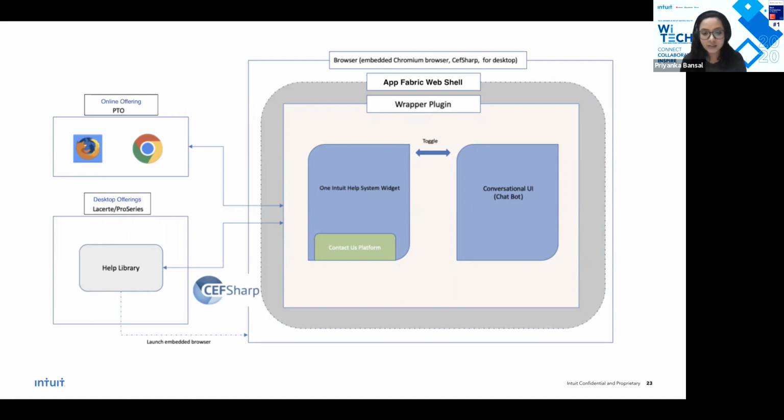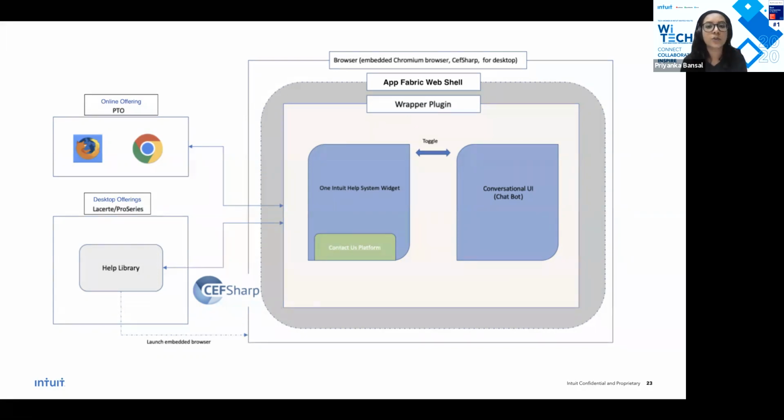That was the first initiative, and then we realized that every product today, the products that I was talking about are Lacerte, ProSeries, and PTO, had different solutions within themselves. Every product had to build their own help platform. Every product had to configure their own knowledge based articles and community help, and that was very cumbersome and heavy on maintenance. As we were developing, Intuit has a lot of platform level solutions, right?